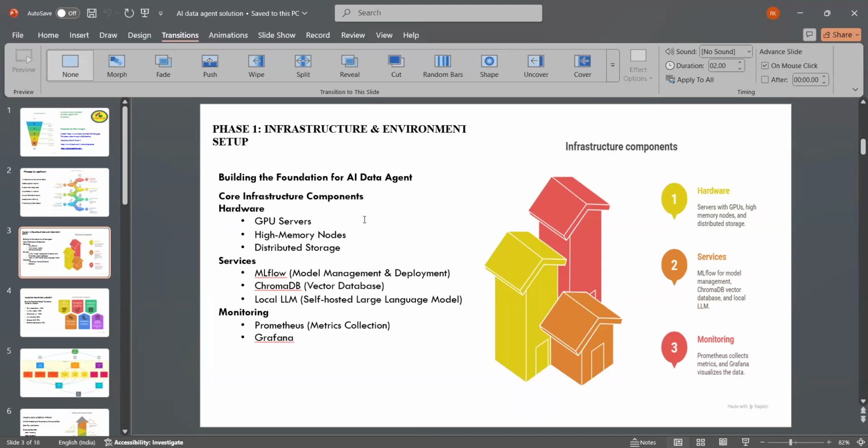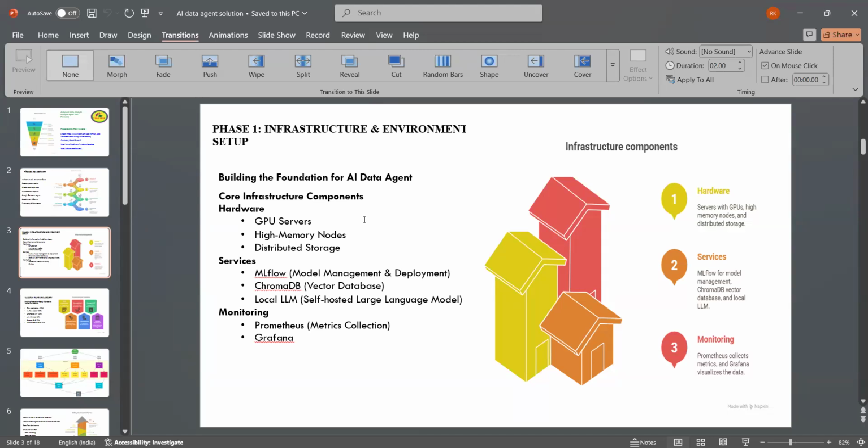The servers are MLflow for model management and deployment, Chroma DB, a vector database, and a local LLM, a self-hosted large language model. MLflow manages the full machine learning process.